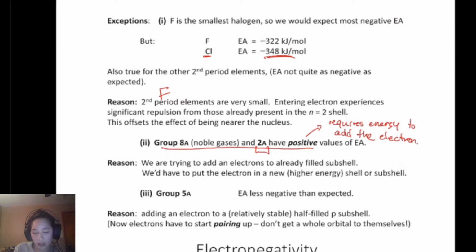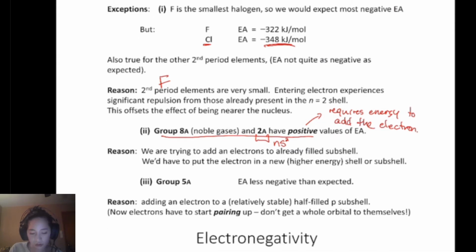So the 2A elements already have a filled s orbital, and they don't want to gain another electron, it's going to take more energy to add an electron to a new shell. Those two groups are already happy as they are. They don't want to gain any more electrons, so that's why those electron affinities are positive.